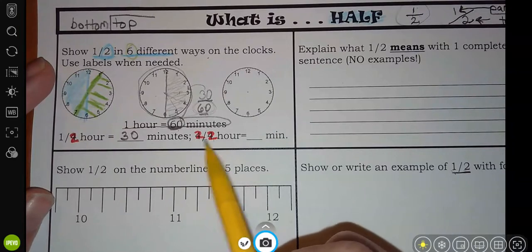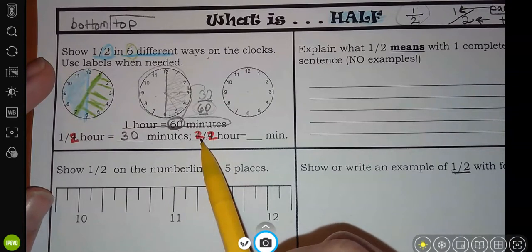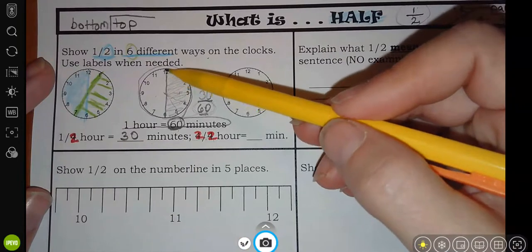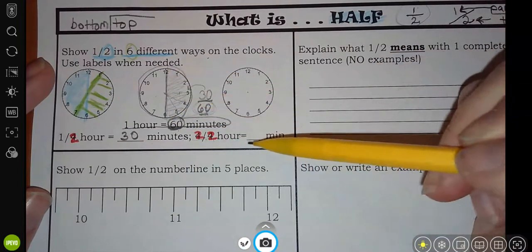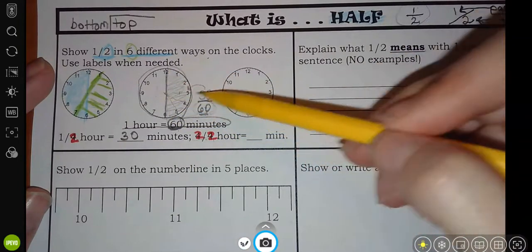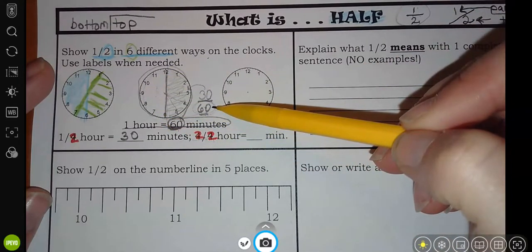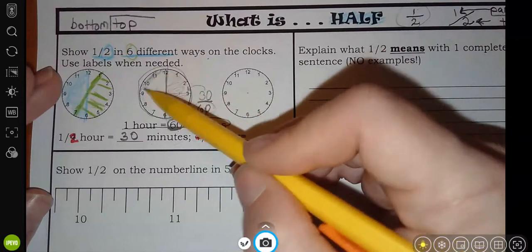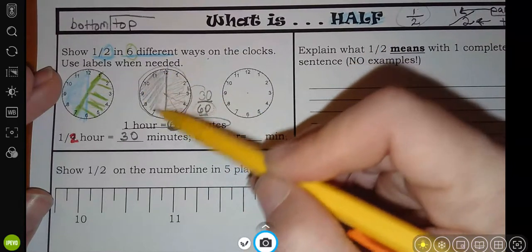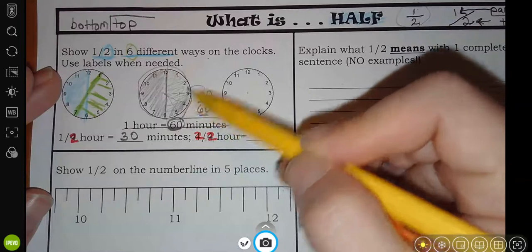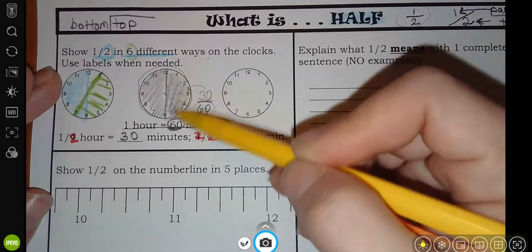This one turns it even more interestingly. So wait a minute, I have my 2 pieces that have 60 minutes total. How many minutes do I have if I take those 2 pieces?